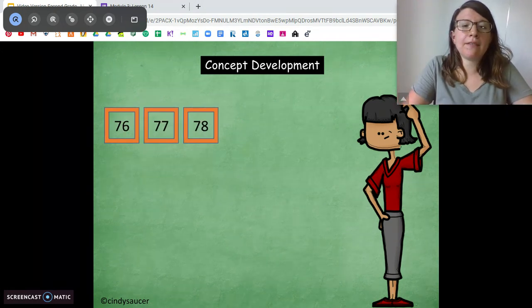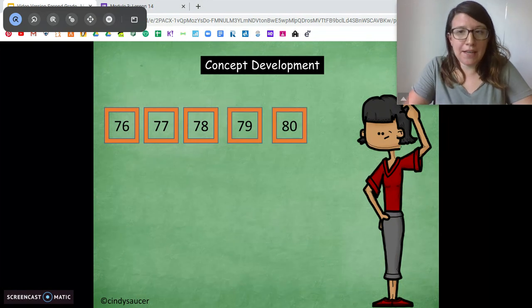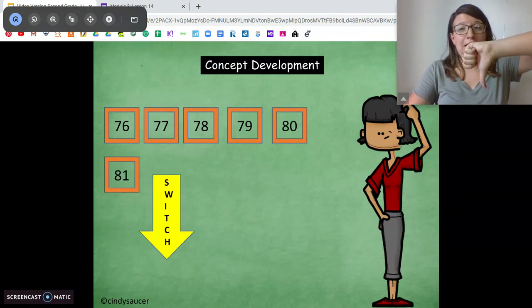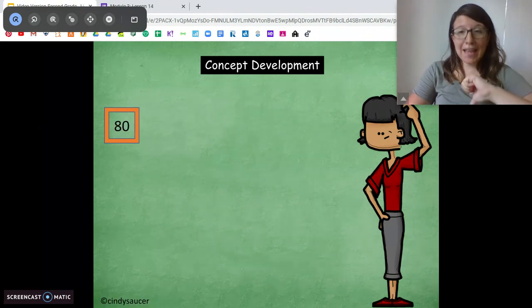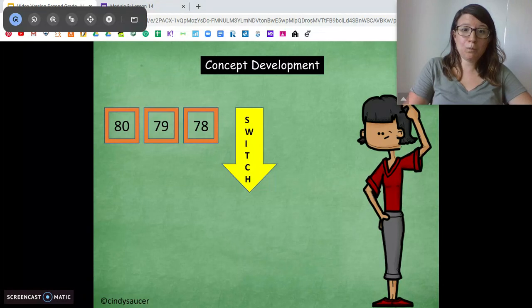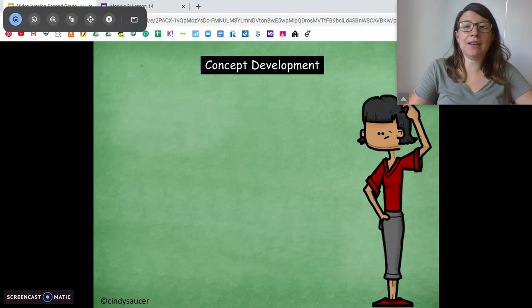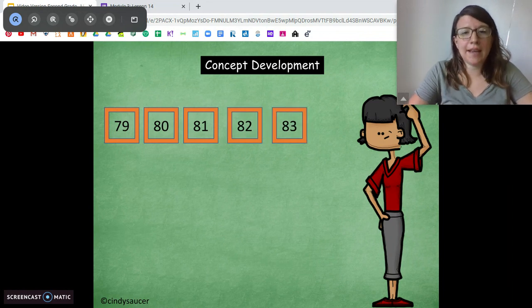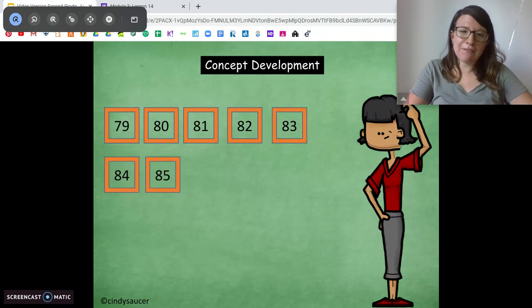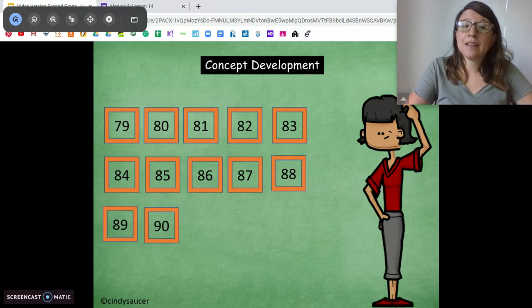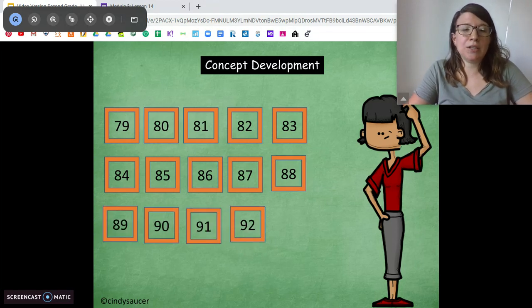76, 77, 78, 79, 80, 81. Whoa. Now we're going to count backwards, starting at 81. 80, 79, 78, 70. Switch. Now we're going to count upwards from 78, 79, 80, 81, 82, 83, 84, 85, 86, 87, 88, 89, 90, 91, 92.